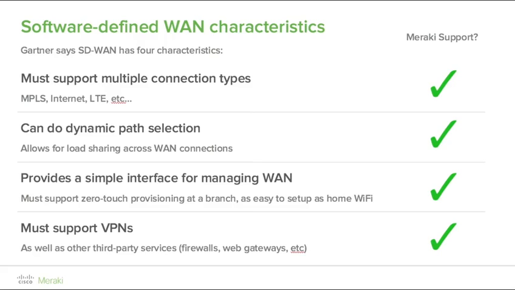And fourth, it must support VPNs. To create an overlay WAN, we need to stitch together all of these features somehow and make sure it's secure and can advertise our local networks to remote sites. This is achieved by the use of virtual private networks. So at Meraki, our MX appliances absolutely meet and exceed all of these requirements set out by Gartner.